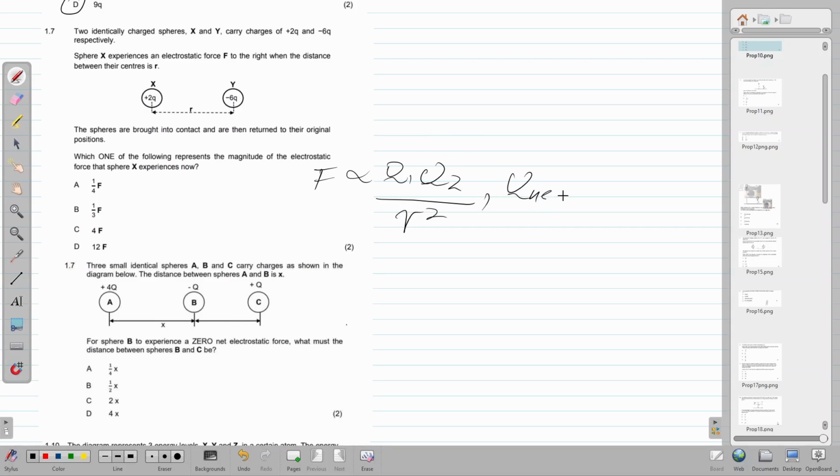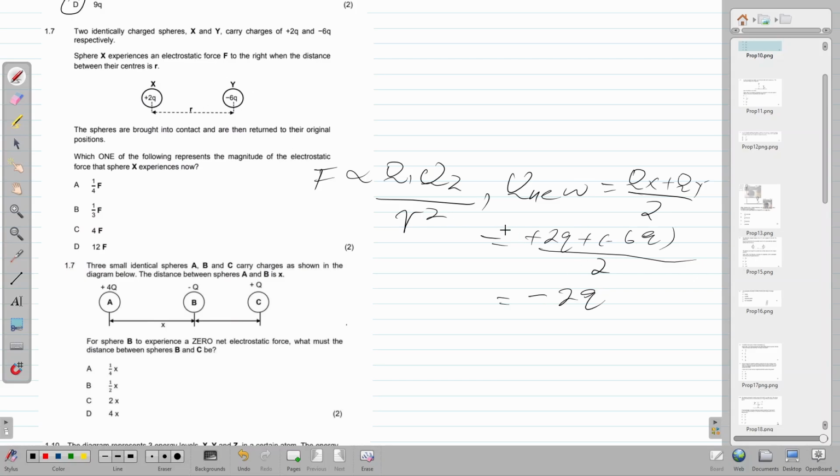Q new is equal to Qx plus Qy divided by 2, which is plus 2q plus minus 6q, divided by 2, and that gives us minus 2q.